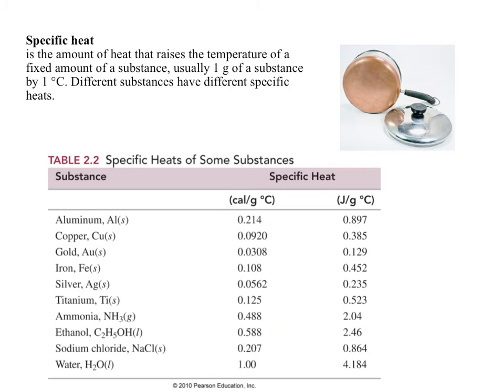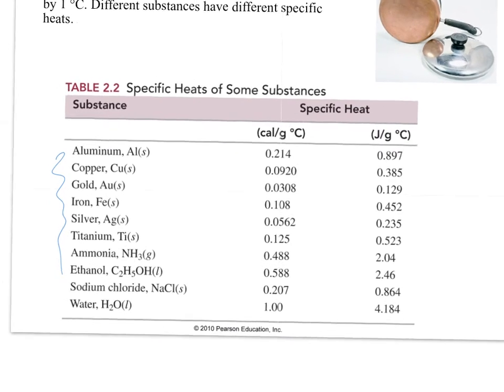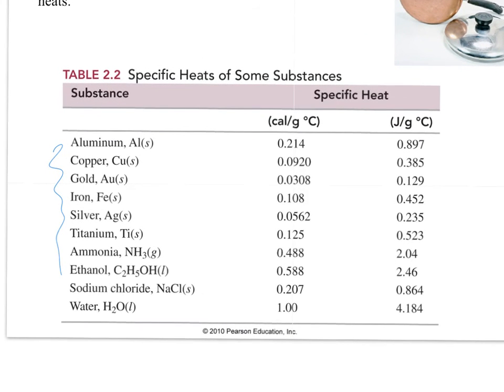And you can see down here all sorts of different common substances along with their specific heats in either calories or joules. So I already talked about it for water. But let me again emphasize what this means. So let's pick something, aluminum, such as aluminum foil in your kitchen.